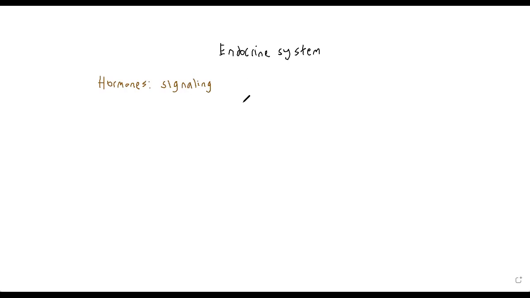The effects of signaling molecules are very wide and very diverse. But when they connect to the cells, the cell is going to change its behavior in some way. Hormones are signaling molecules that travel through the blood and connect with cells.